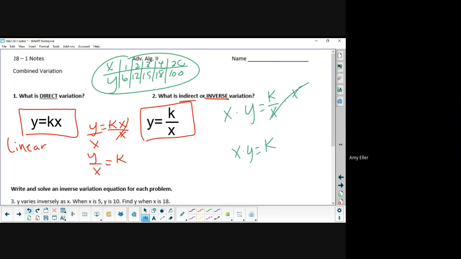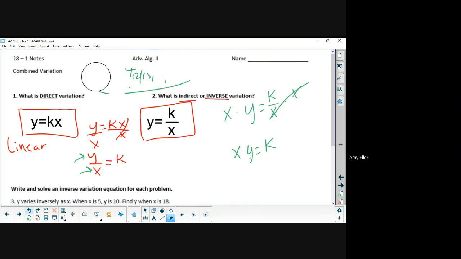You could take x times y. X times y is 6. Is x times y 6? No. So they don't all have the same constant, so you know it's not indirect. If you took every y divided by x and you got the same constant, that would be direct. If not, you would say it is neither. That won't be part of what we're doing, but I know in Algebra 1 it might be something that you've done before.